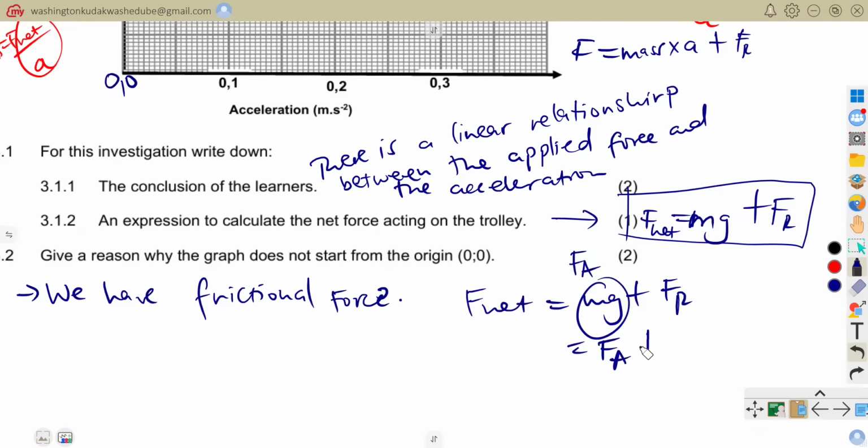So we are not just having the force applied, but the force applied plus the frictional force is when we are having our acceleration. So the net force is given by force applied plus frictional force, and we need to start where this value of our net force is greater than these two.